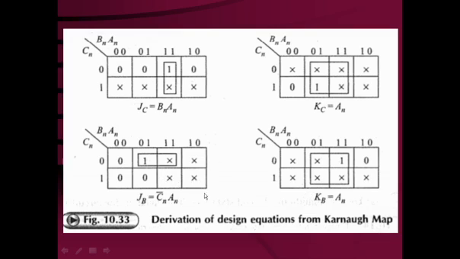Substituting that, we can find this kind of Karnaugh map, and by encircling that Karnaugh map, we can find JB is equal to Cn bar An and KB is equal to An. Right? So this way, we obtain the characteristic equation or equations for the inputs.